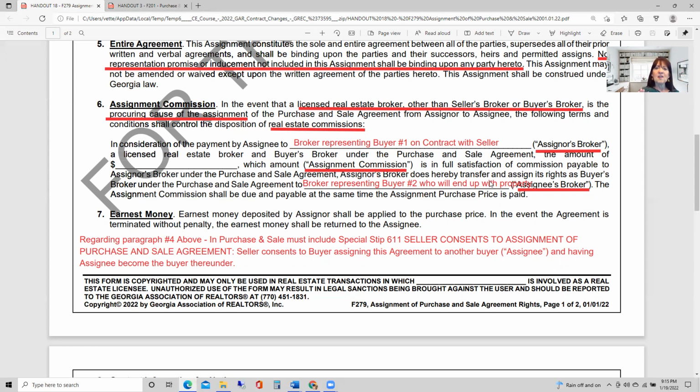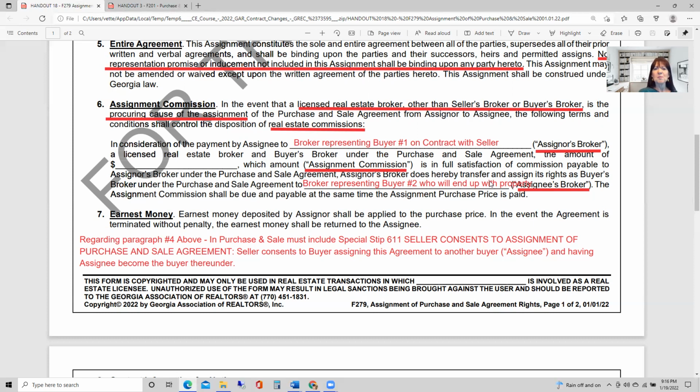If there is another broker other than those two brokers who is the procuring cause of the assignment, in other words, the end buyer, buyer B, assignee, who's going to live in the property, if they have their own broker and they're the procuring cause of the assignment of the purchase and sale agreement from the assignor to the assignee, then this is how the commissions work.